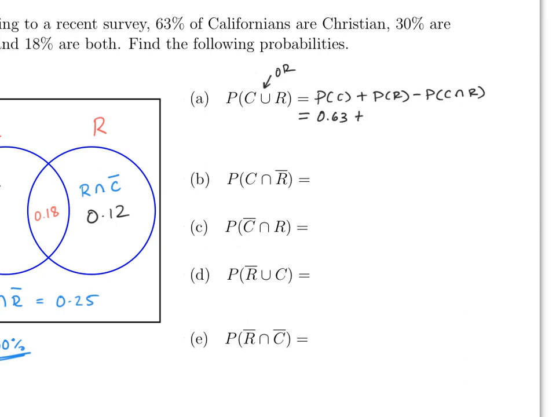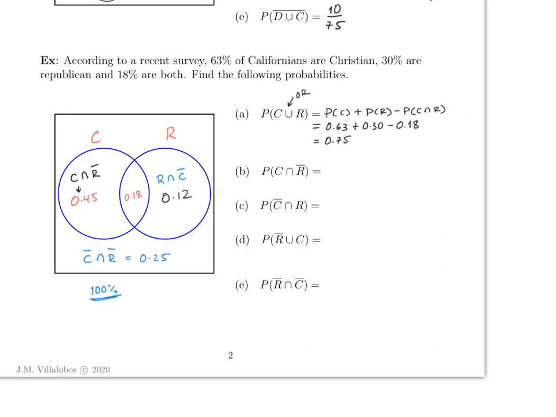That somebody is Republican is 30%, and that somebody is both Christian and Republican is 18%. Once you add and subtract the whole thing, this is 0.75. Again, remember that you can check that this plus that has to be exactly equal to this number. That's one way to verify that you are doing everything correct.